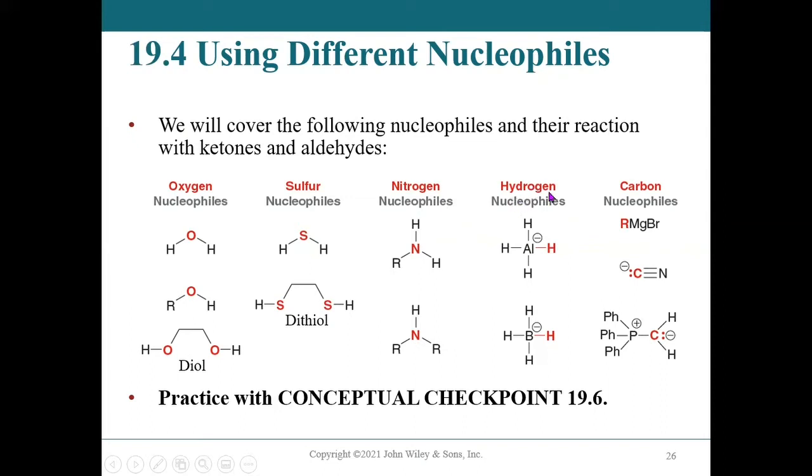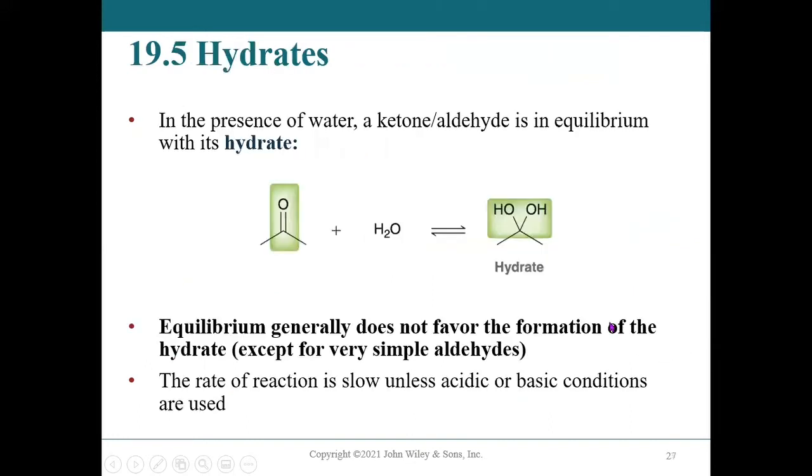And the hydrogen nucleophiles. Pretty much they deliver hydride, which is H⁻, from this structure and this structure, LiAlH4 and NaBH4. Carbon nucleophiles, for example, the Grignard or the cyanide, or what we will learn later called the enolate.